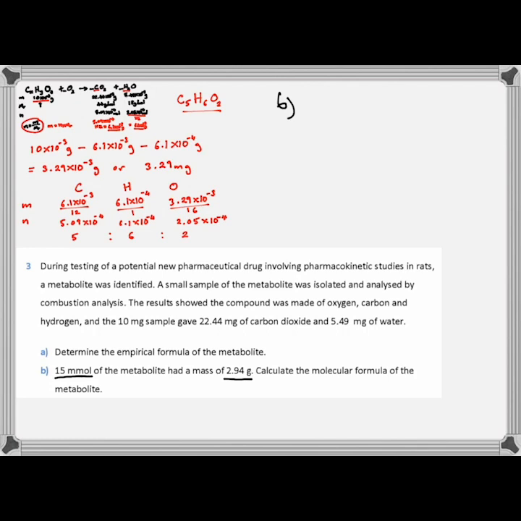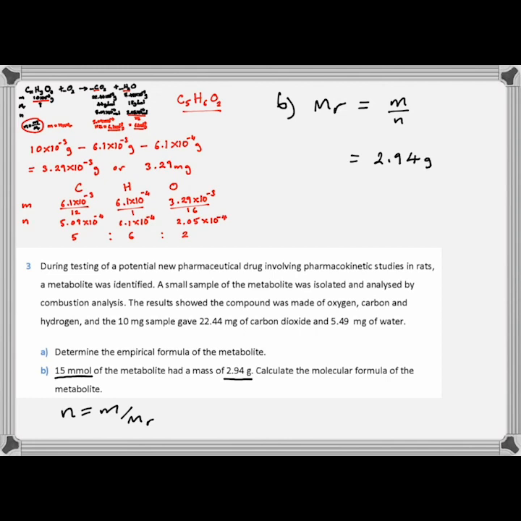So all we'd have to do is divide this number by 1,000, and we'd have the number of moles. This is a mass. We can use our formula to find the MR. So MR equals mass divided by number of moles, which is going to be 2.94.